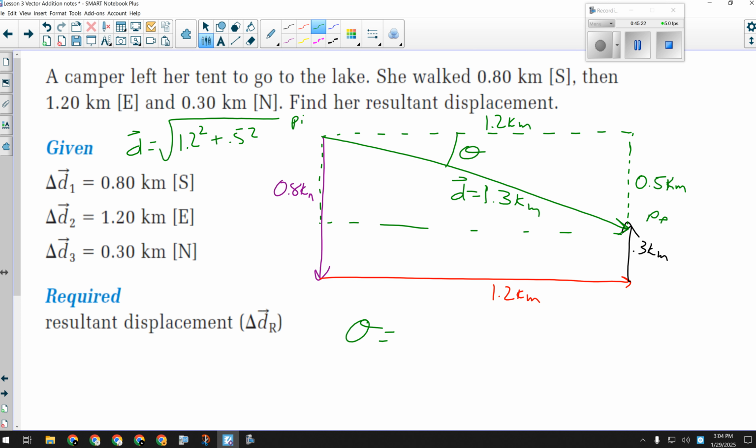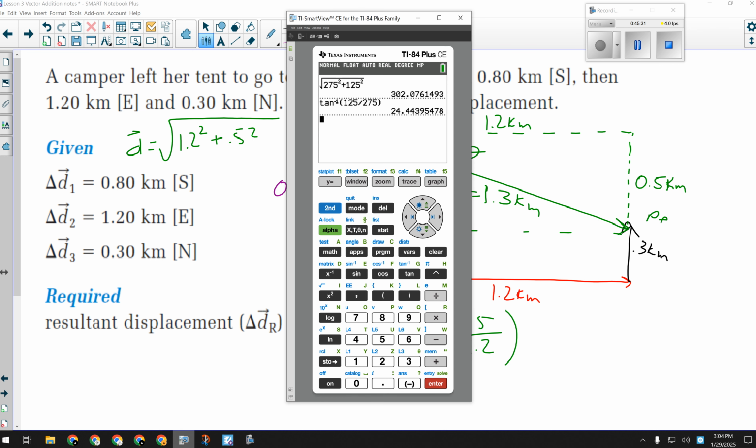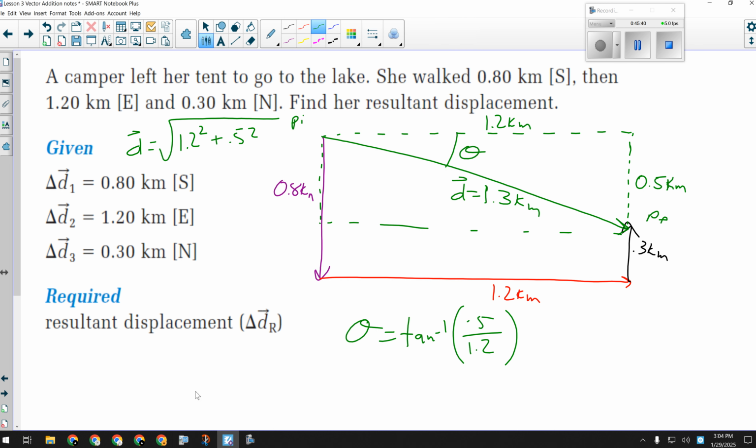So theta will be tan to the minus 1 of 0.5 over 1.2. Okay, so 23 degrees. And for me, that is south of east.